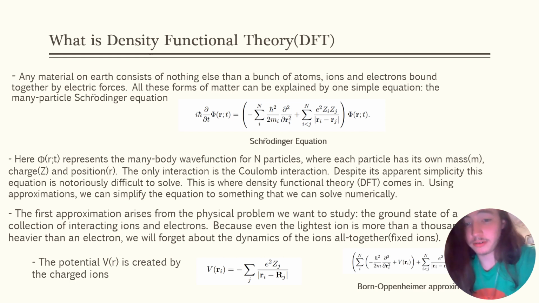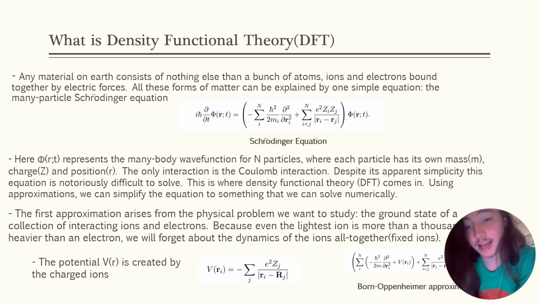With these n particles, each with its own mass, charge, and position, it's notoriously difficult to solve. But this is where density functional theory comes in, using approximations. Several approximations are used, including the Born-Oppenheimer approximation, which makes the ions steady state, so they don't really move, which makes the equation much simpler than before.